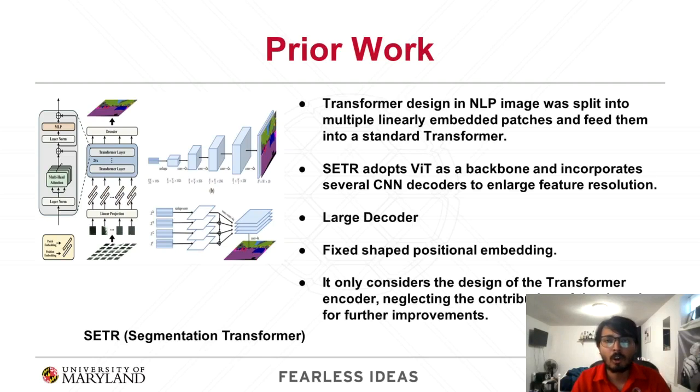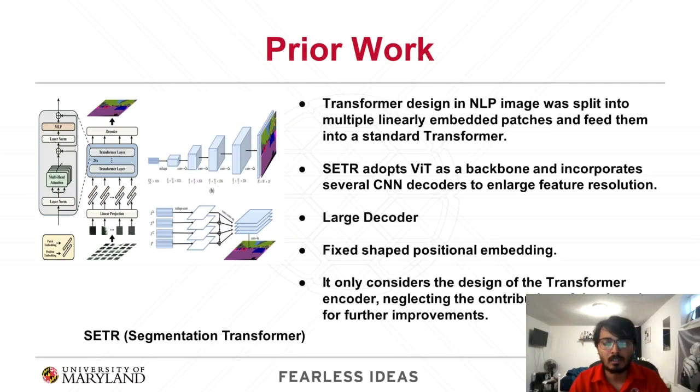But there were a lot of drawbacks. One such drawback was that the decoder part was very large, and the positional embeddings that were utilized were of fixed size. If the images were of different scales, these positional embeddings would just fail.